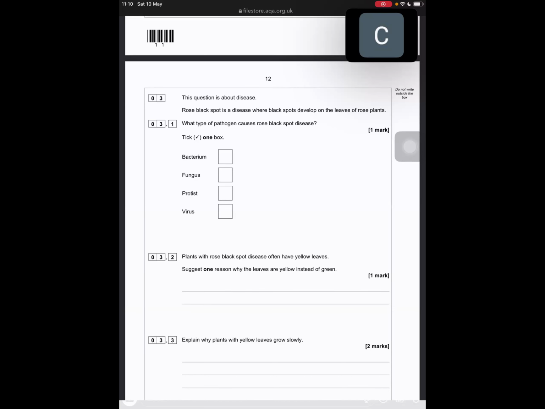It doesn't stop photosynthesis entirely, but it slows it down, so that would lead to stunted growth. Does the marking scheme say something different? Less photosynthesis or light being absorbed. Okay, so we're on track. Let's move on.